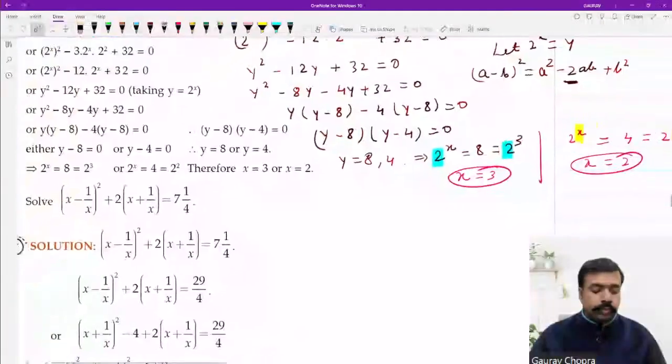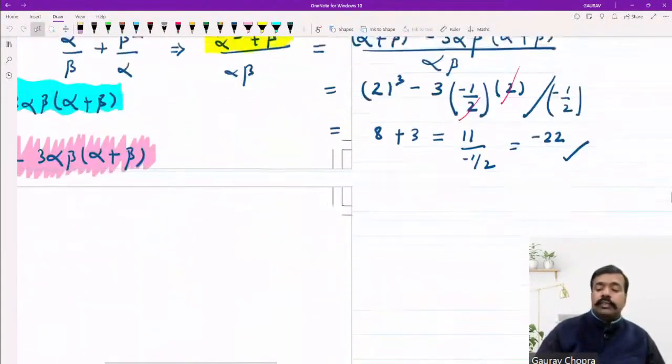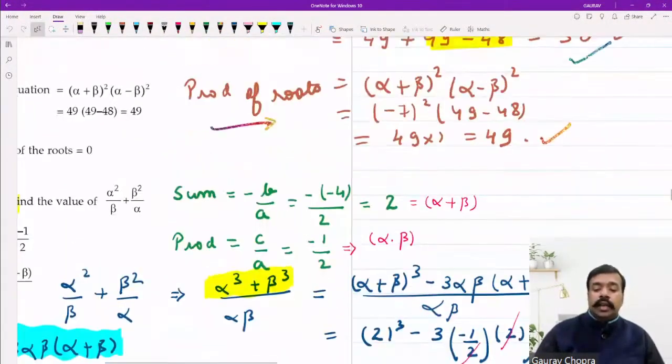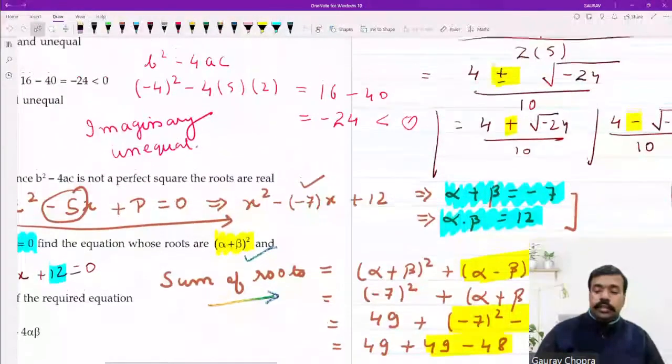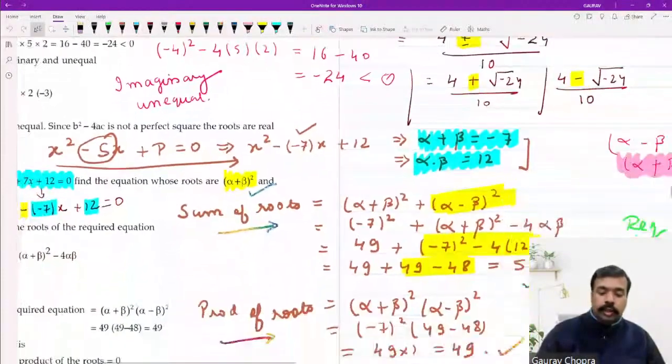So now Nancy is asking one query: why are we deducting minus 4 alpha beta in that? See, we have not deducted, we have simply used the identity which we had learned in the lower classes. We have not done anything extra here.